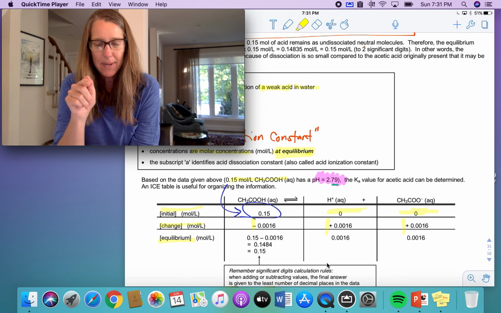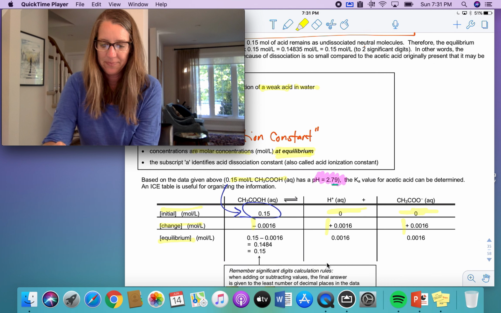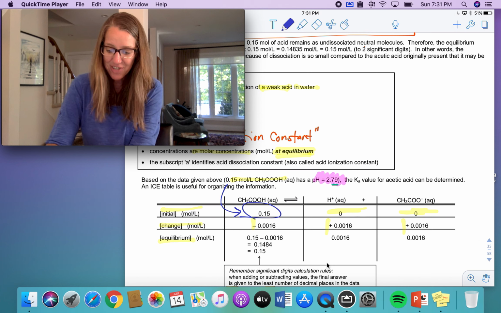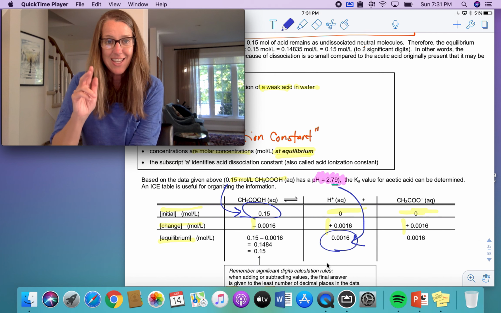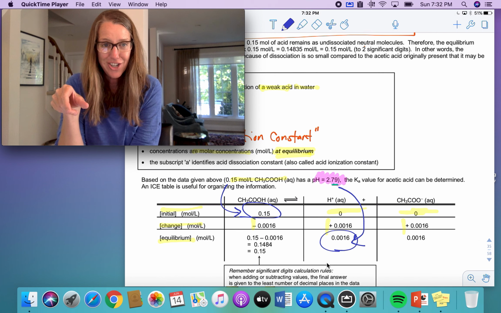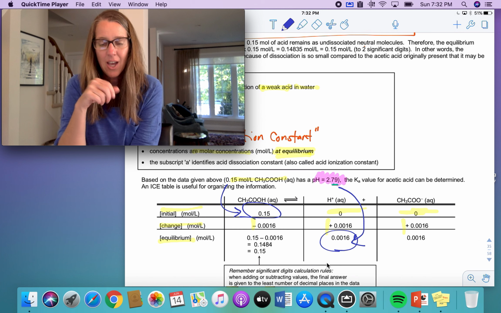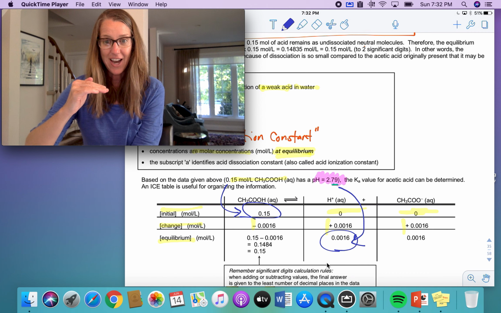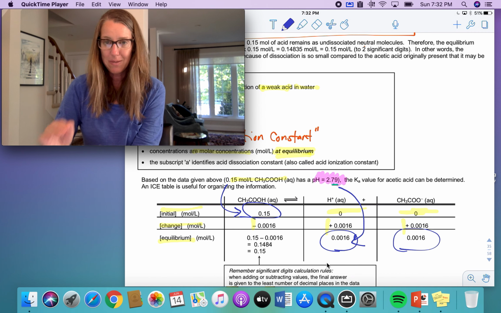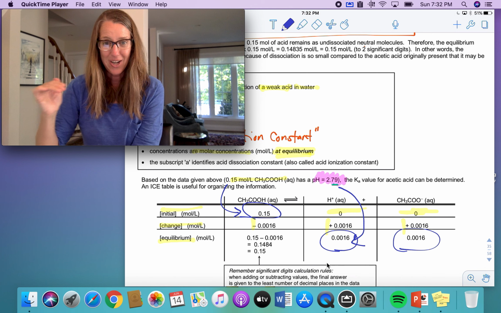So where does that pH value come in? Well, the pH value right here, the 2.79, is what you use to give you the equilibrium concentration of the hydrogen ions. Can you see that? Okay. Once I know that goes up by a factor of 0.0016, this is also going to be 0.0016.